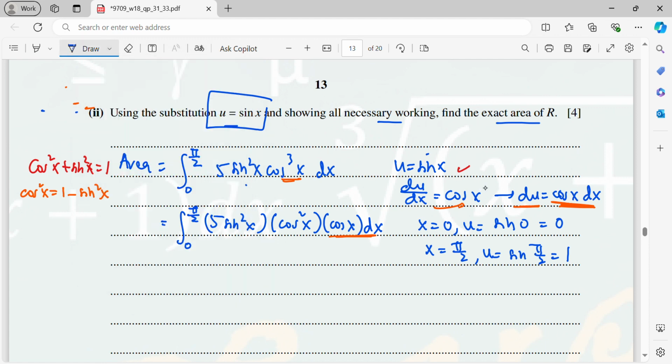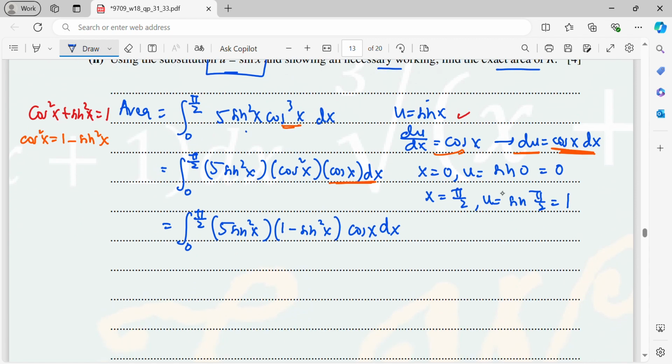Therefore, you will be getting equals to integrate from 0 to half pi 5 sine square x, then the cos square x I will change to 1 minus sine square x, then cos x dx. Then now here, change the limits from 0 to half pi into 0 to 1.